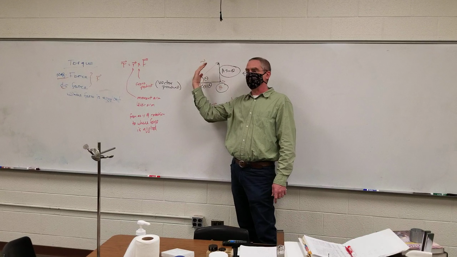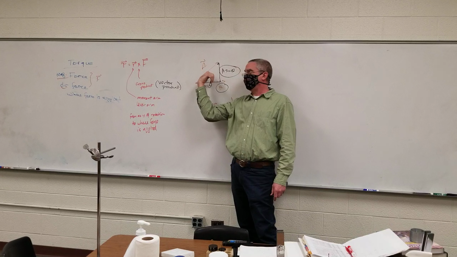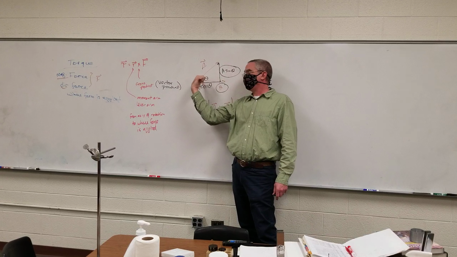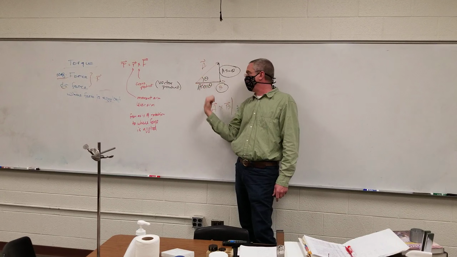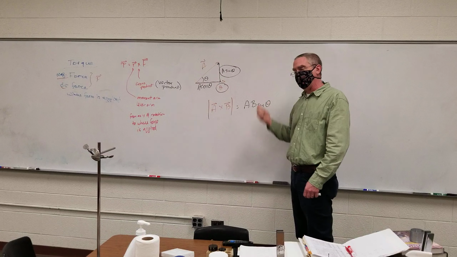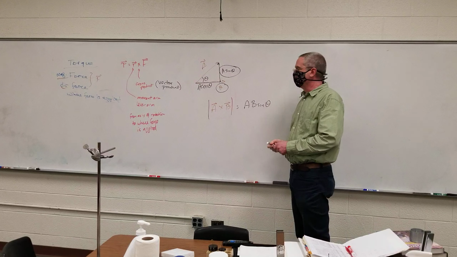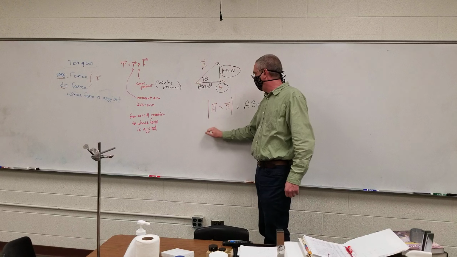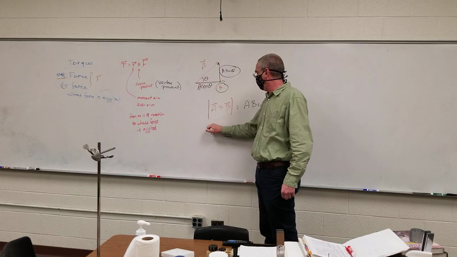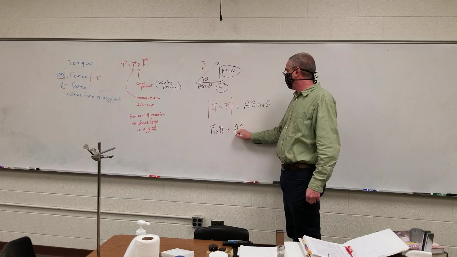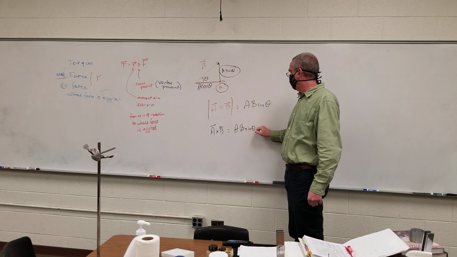I want it to go as quickly as possible to the second one, so it would bend that way. My thumb points into the board. So the direction of this cross product would be into the board. So A cross B would be AB sine theta, and the direction into the board.